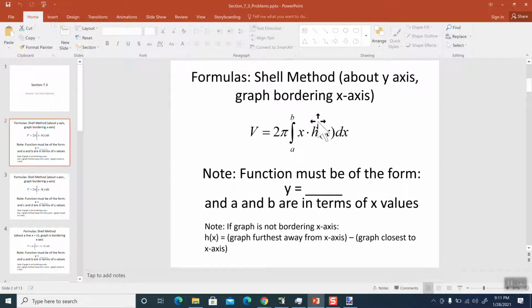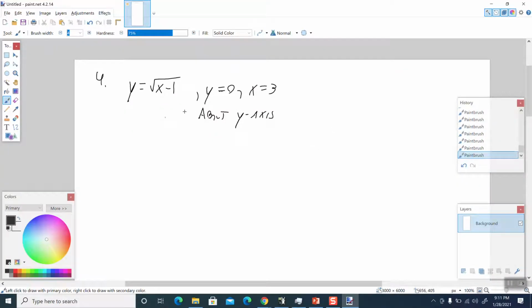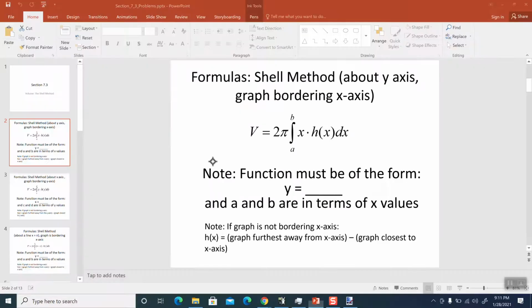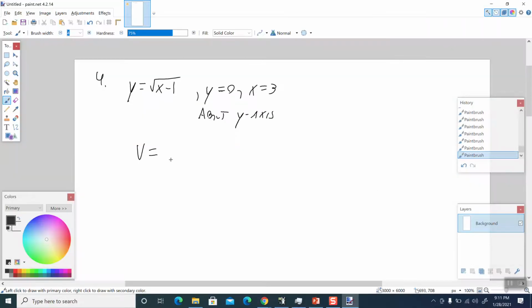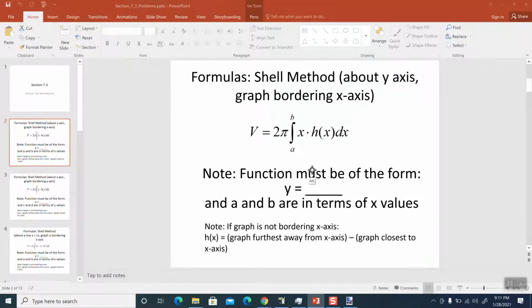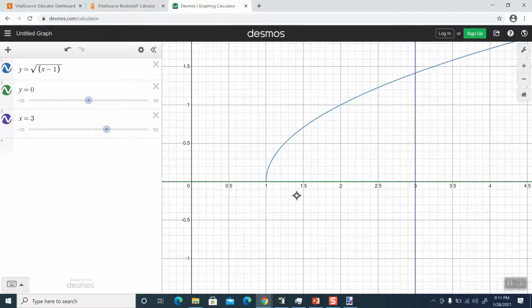About the y-axis. Is our graph bordering the x-axis? Yeah. So this one's a simple form. So I'm going to do volume equals 2 pi, from A to B. So what would I go from? 1 to 3.